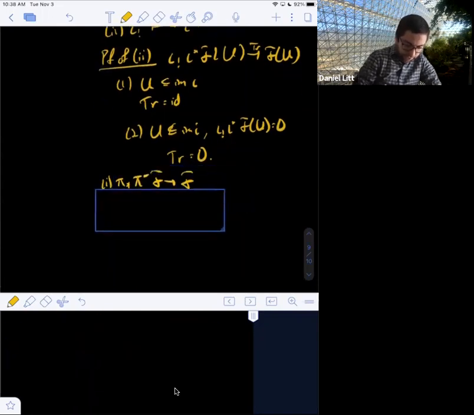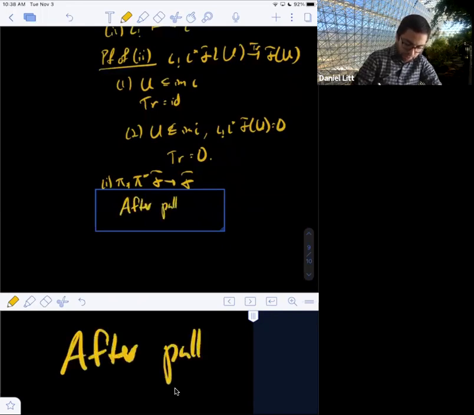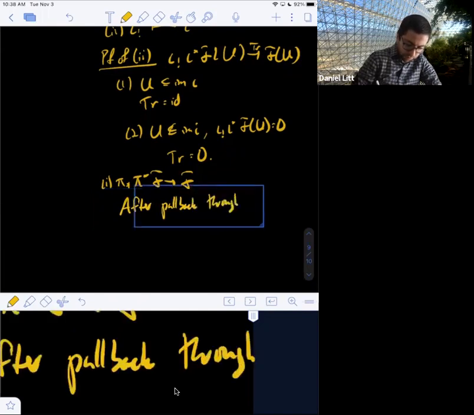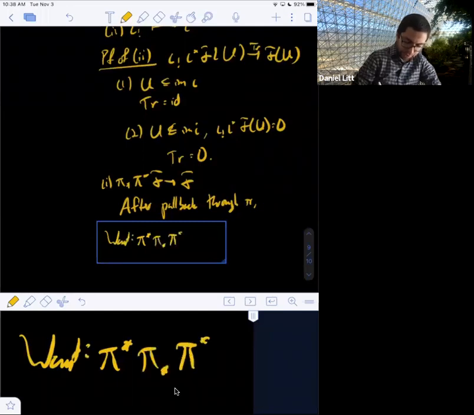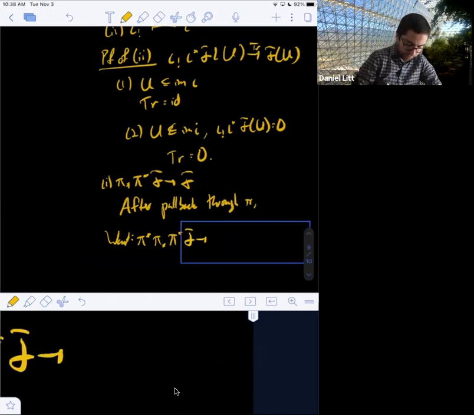So the claim is that in fact we can do this after pulling back through pi, so that we get a map pi upper star of pi lower star of pi upper star of f to pi upper star of f.